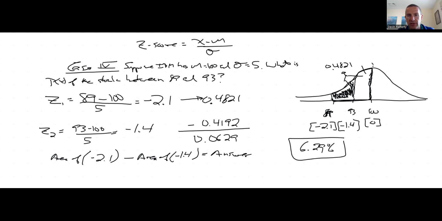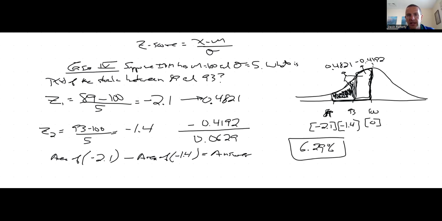Just this white region right here, just that's 0.4192. Just this from 93 to 100, that area is 0.4192.